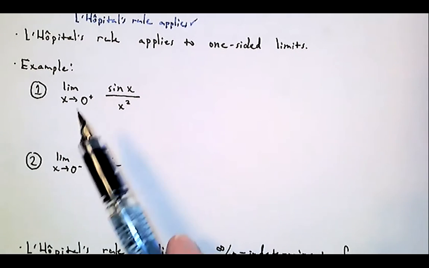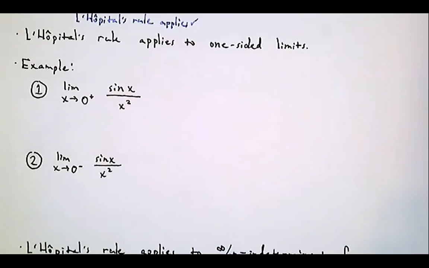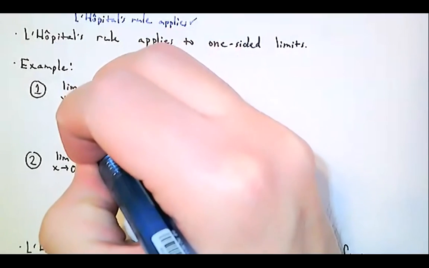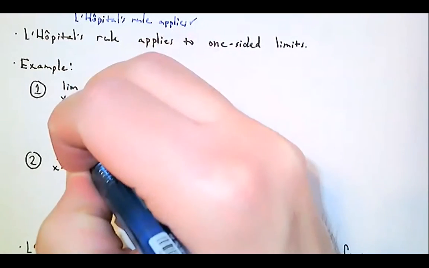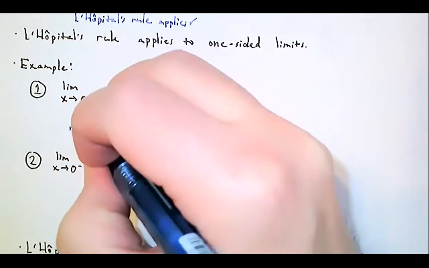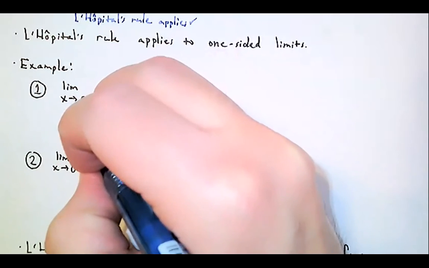So, are we looking at an indeterminate form? Well, maybe let me write that. This is a right-hand limit, in case you've forgotten what the notation means.